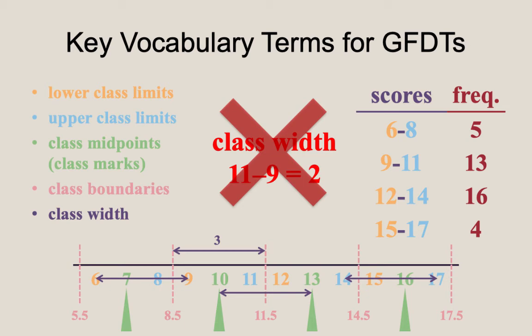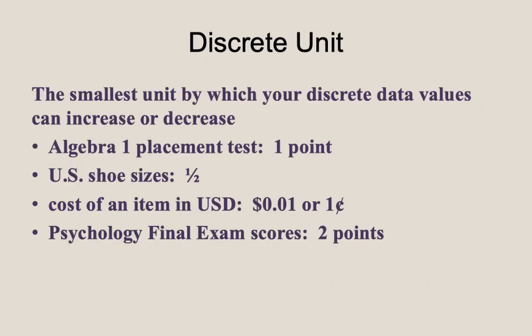When counting the number of the possible values for a variable in a group, we need to count the total number of possible values, not just calculate the difference between the numbers, at least not the difference of the upper and lower class limits. Again, you get the class width from the distance between the corresponding value for any two consecutive classes. Let's explore this idea of the discrete unit a bit further.